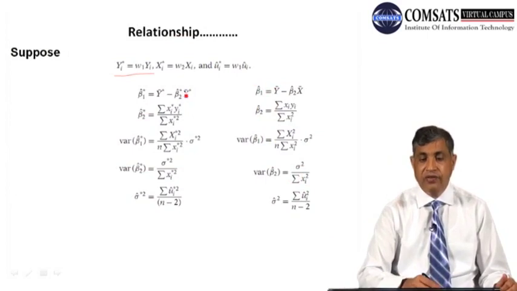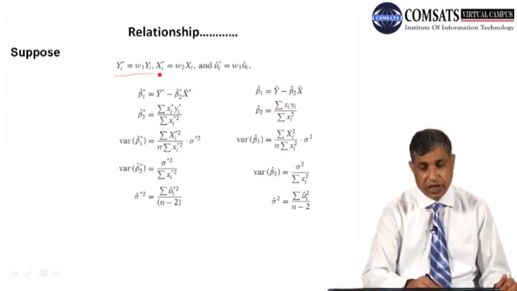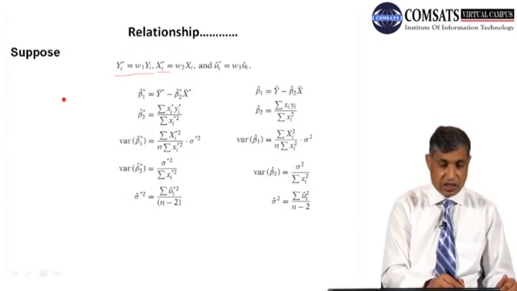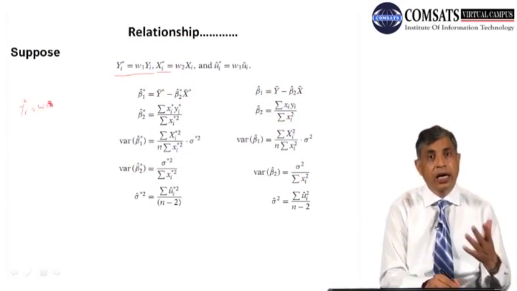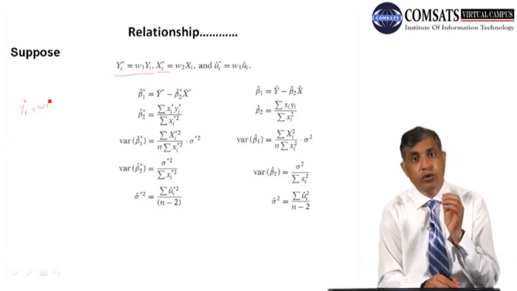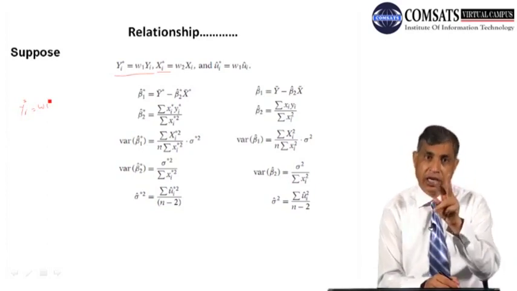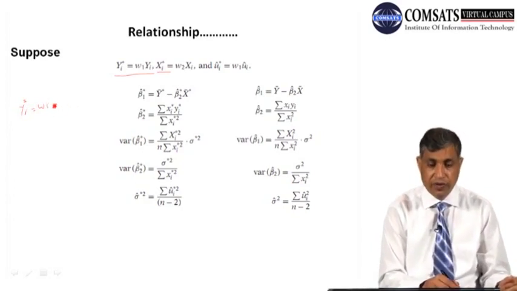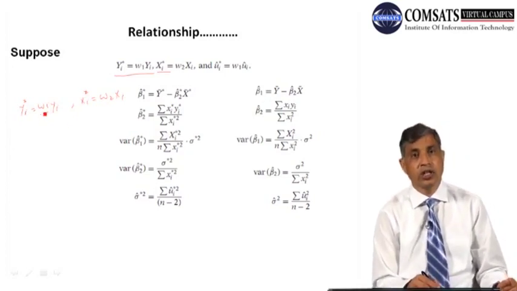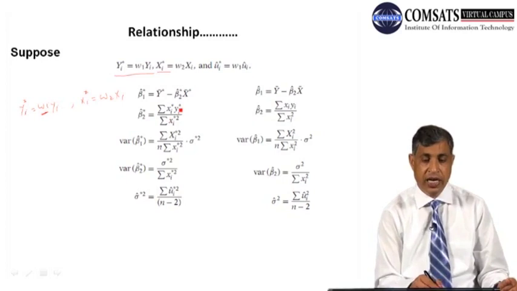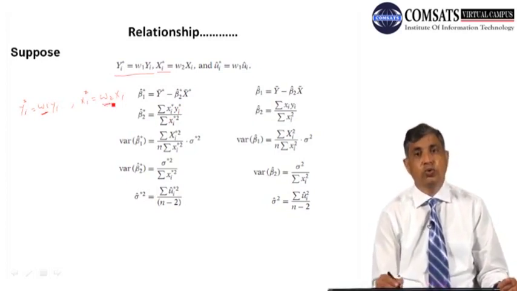If this is the case, we have also generated a new variable x i star. So y i star is W1 y i, where W1 is a known constant, 100, 200, million, billion, or it could be only 2, and the other is x i star equal to W2 x i. The first constant you call W1, and this is W2.